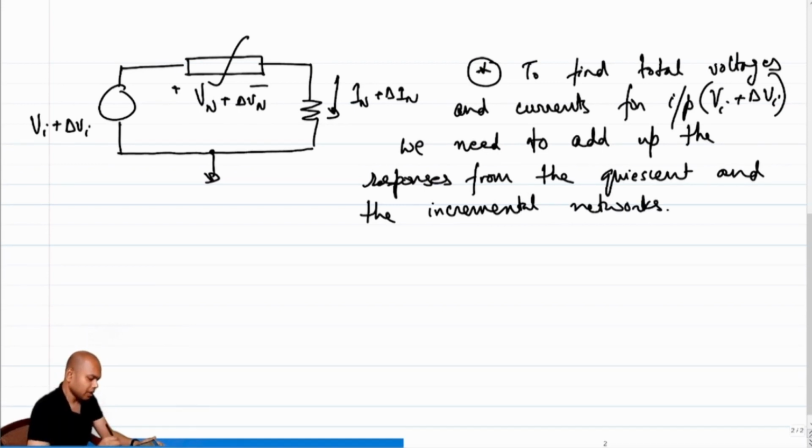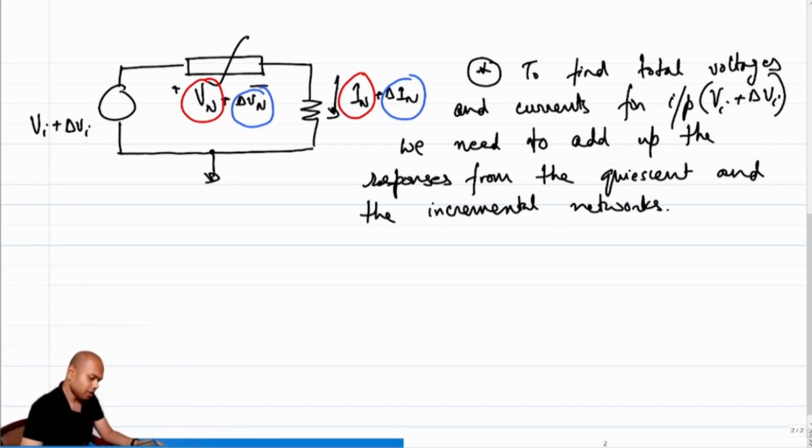So essentially we have found Vn and In, right, from operating conditions, and we have found delta Vn and delta In from the incremental conditions, right?